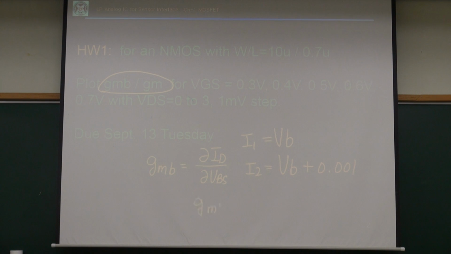Your GMB is just I2 minus I1 divided by 0.01. You can do the same thing, and then you already know your GMB. So you just plot your GM over GMB for different values of VGS1, VGS2, something like that.